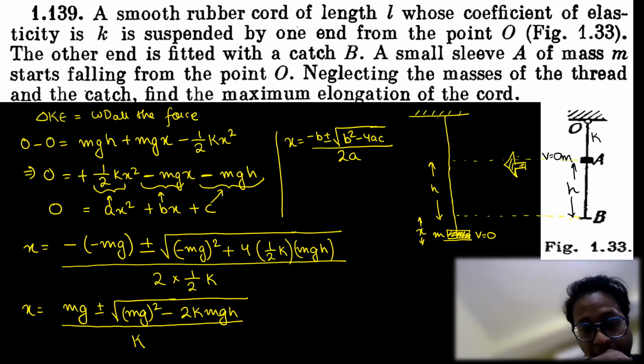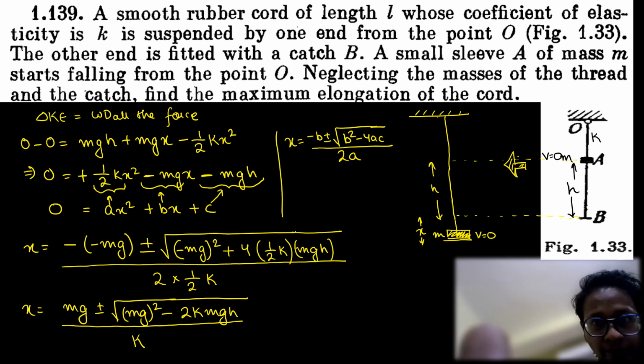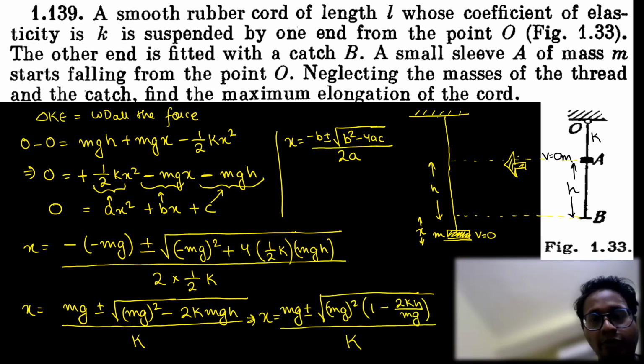Now I'll try to take mg square common from these two terms. When I take mg common from these two terms, our equation would be somewhat like this. Now can I take this mg out of the square root?